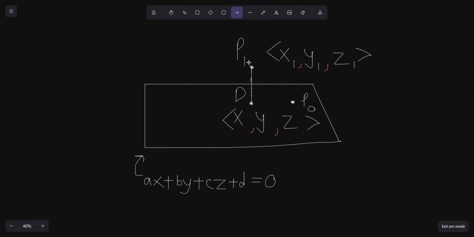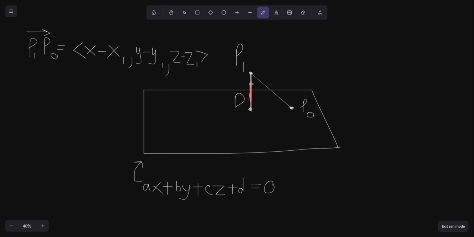Okay, this is pretty cool now. So we have this vector p1 to p0, and we're trying to find out this distance right over here. And we know that this vector that I have right over here, whatever this vector is, it's going to be perpendicular to my plane. Well, what's another vector that's perpendicular to a plane? It's in the definition of a plane. It's the normal vector, right?